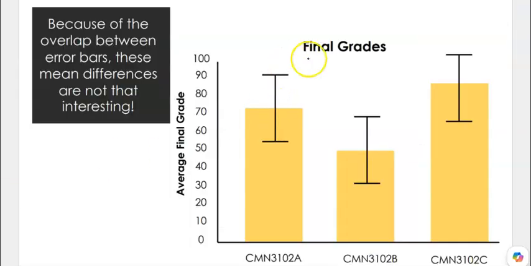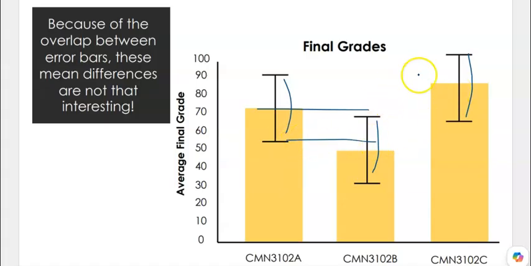So when you see this kind of graph with the error bars, you have to see that they are crossing in this part and also in this part. So you can consider that this person and this person are not a big difference, and this person and this person are not a big difference.